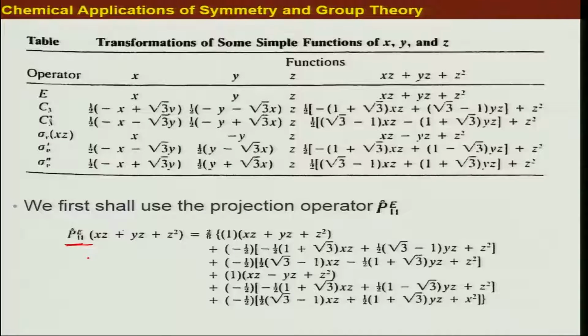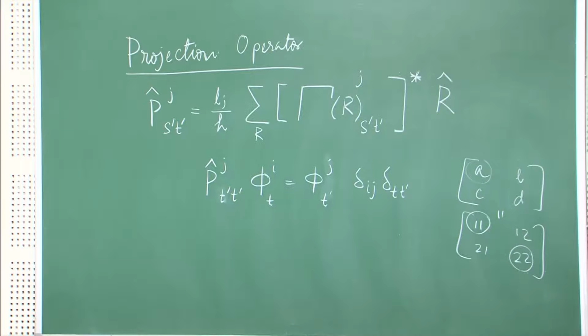Now we are going to operate this projection operator on this arbitrary function xz plus yz plus z square and see what it gives out. In order to do that, we have to get the form of the projection operator that I just described. So lj is 2, h is equal to 6, and then if you look at the form of the projection operator over there, you get the matrix elements corresponding to a particular symmetry operation.